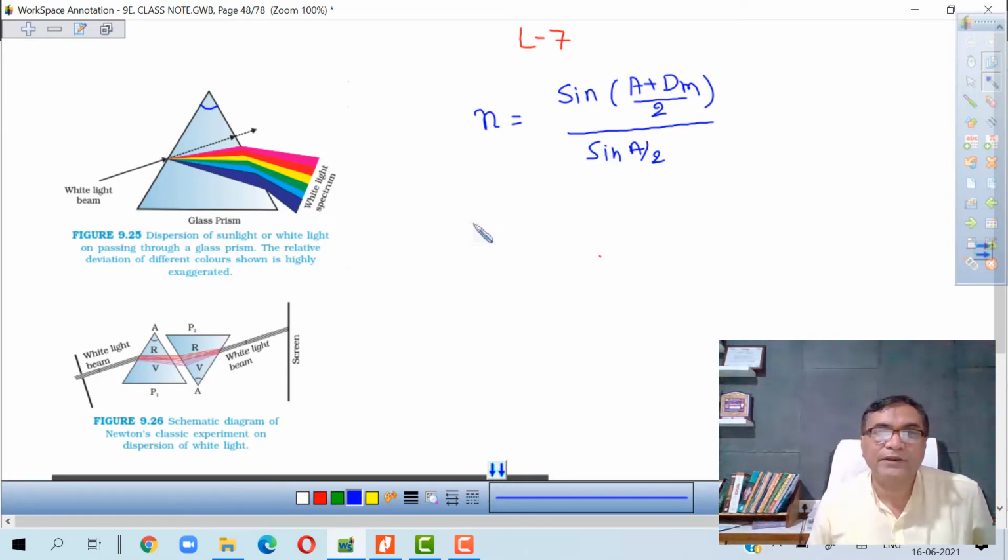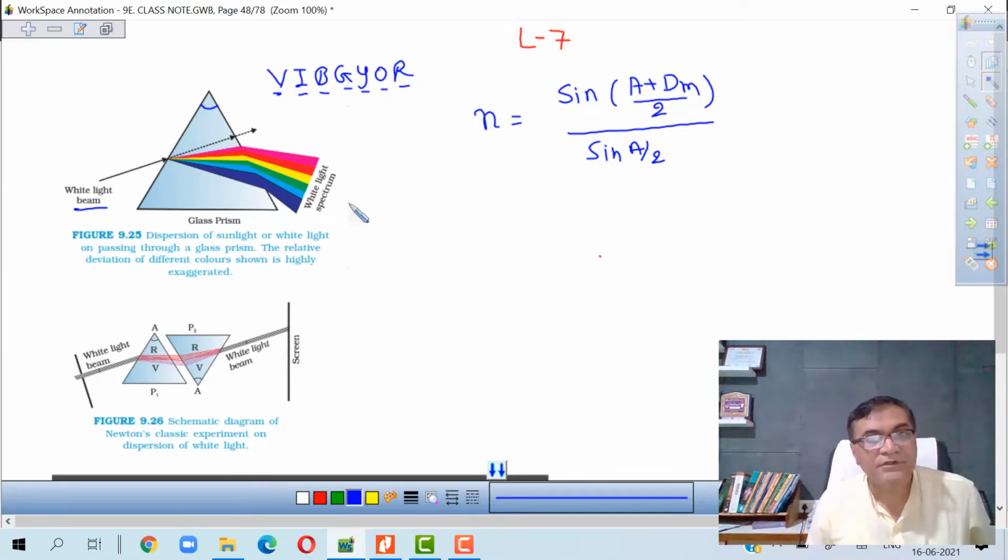When we have polychromatic light, suppose the light is white, then what happens? You must have observed this phenomenon, and it is also shown in one video clip. We get 7 different colors, VIBGYOR, starting from violet, indigo, blue, green, yellow, orange and red.